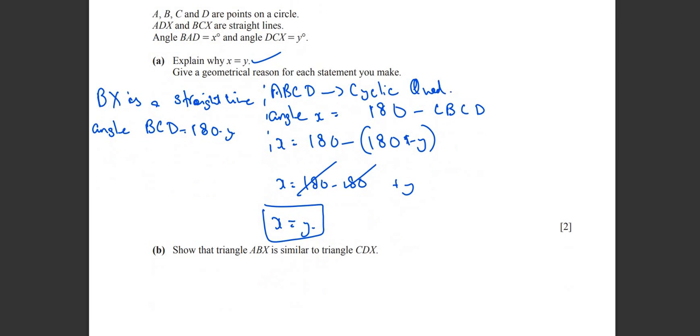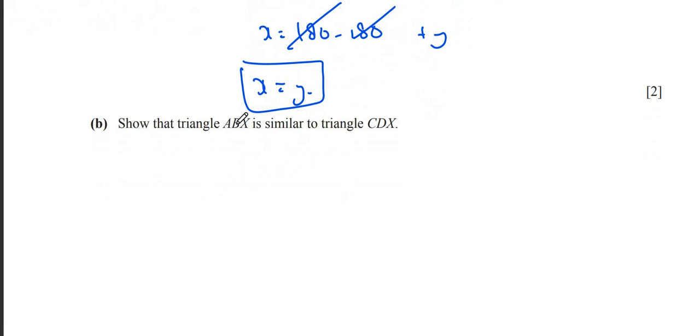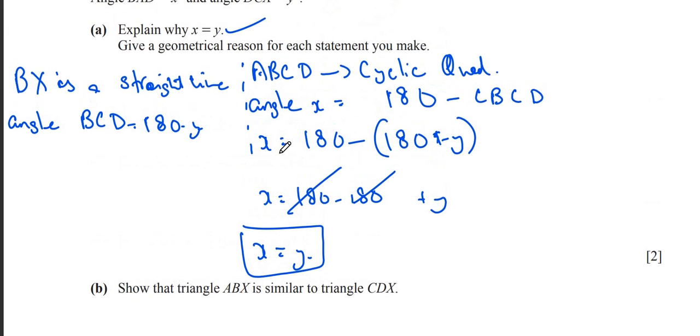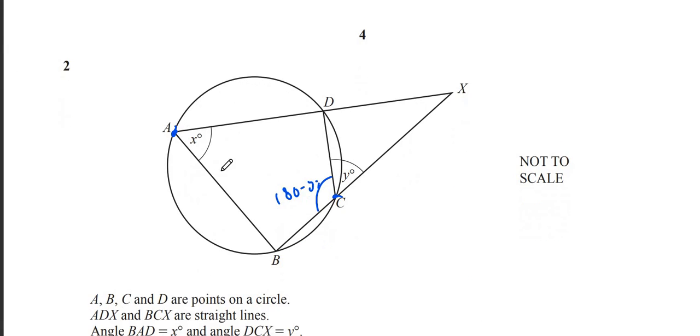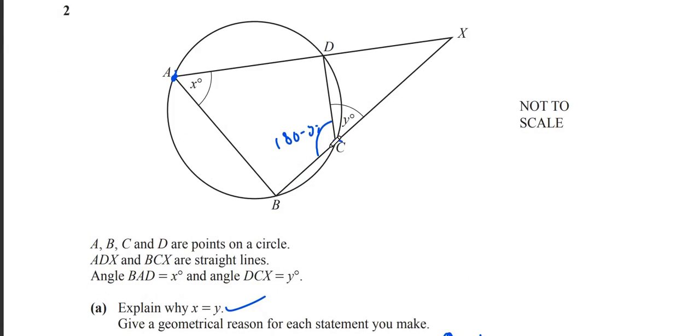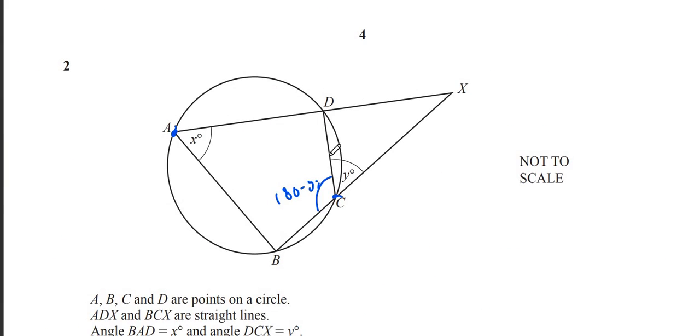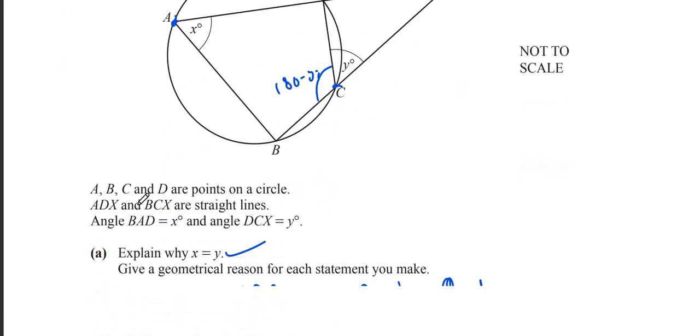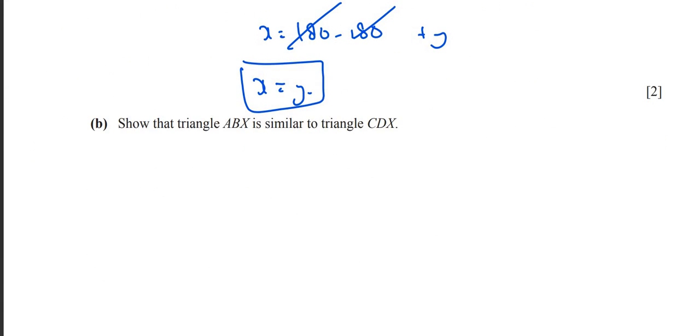Now, next question it says, show that triangle ABX is similar to triangle CDX. ABX is similar to which one? CDX. These two, ABX is similar to CDX. So look, first of all, angle XDC is equal to angle XBA.